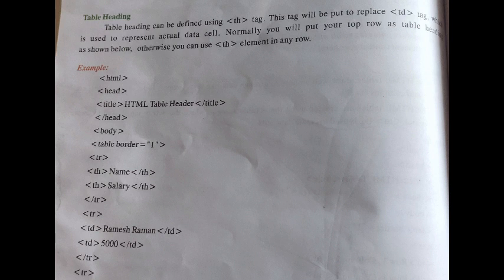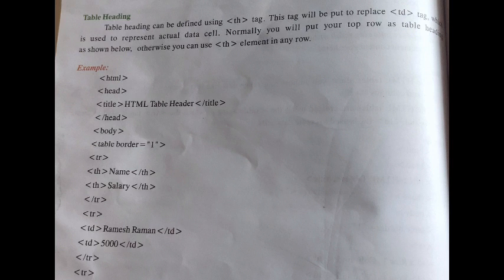Next again, for giving the next box information, we give the TD tag, that is table data. Only for the first line of your table, the heading for the table, we give the TH tag. For every other data to be inserted in the table rows and columns, we give only TD. Do you understand?